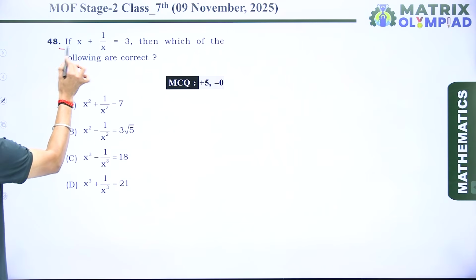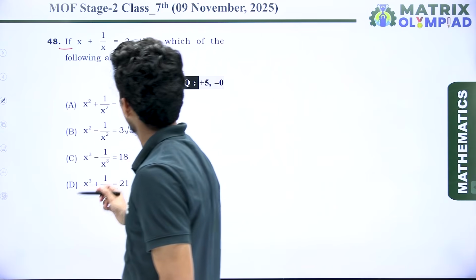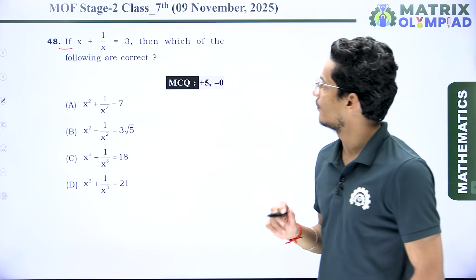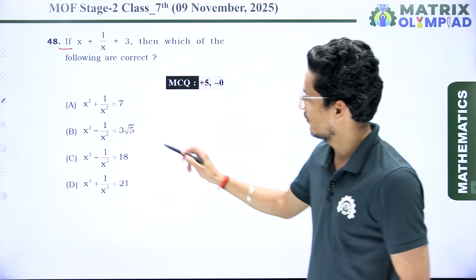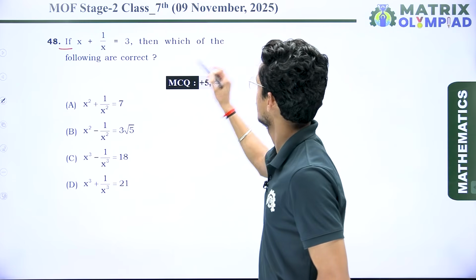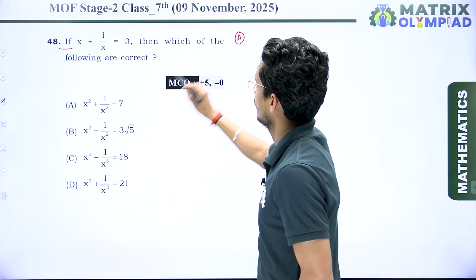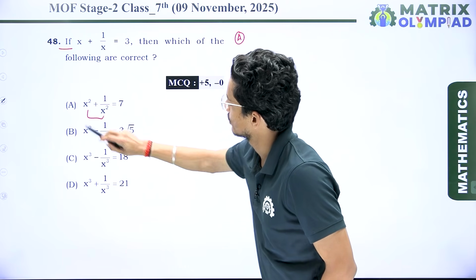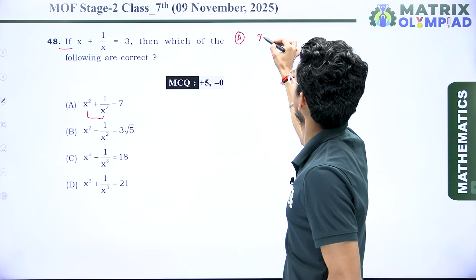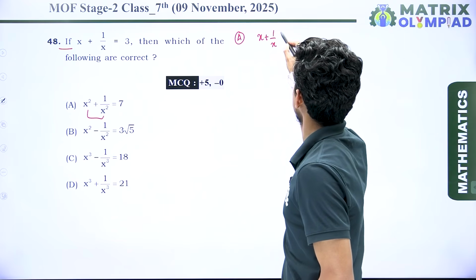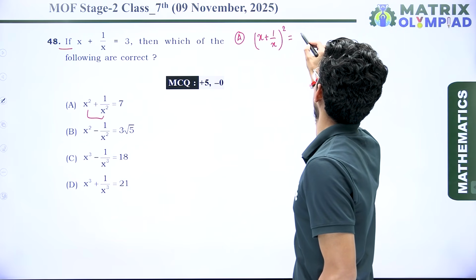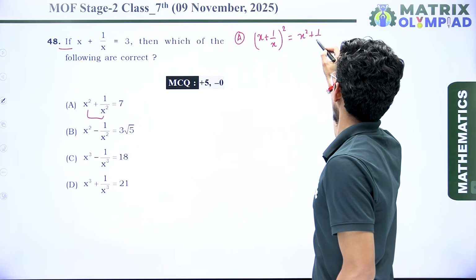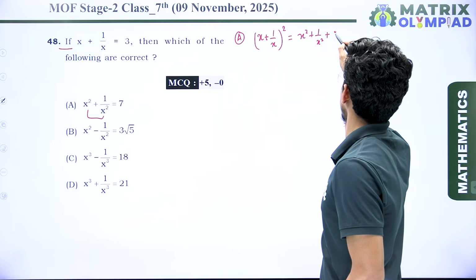So now if I talk about the next question, that is x plus 1 upon x is equal to 3, then which of the following are correct? So here we have given A, B, C, D. So let's assume first we have to find x plus 1 upon x raised to whole square, which is equal to x square plus 1 upon x square plus 2.